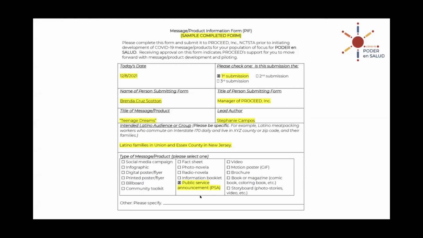An example they shared here was a PSA, or public service announcement. This is where you select the type of message product that you will be submitting for us to review and approve for your PODER and SALUD program. And that is a little breakdown of the form itself. You will all be receiving a copy of that after today's training.